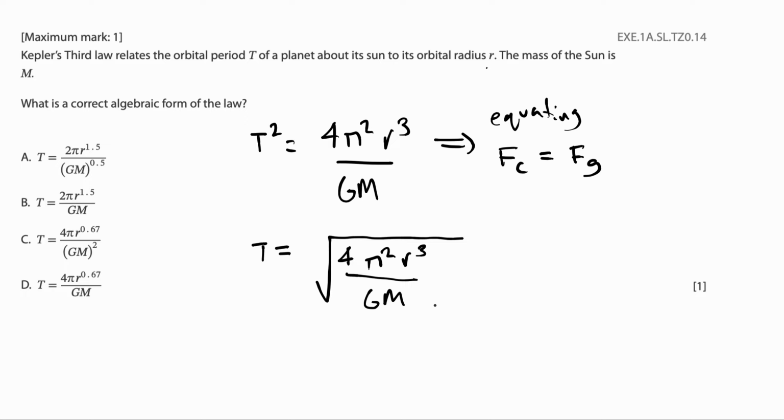Now, the rule of mathematics is that every root can be represented as a fraction, and this root can be distributed throughout every single term in this fraction. So let's rewrite this, shall we?